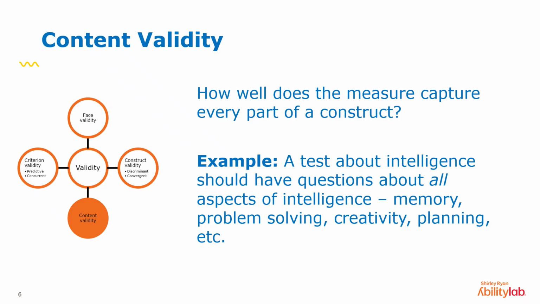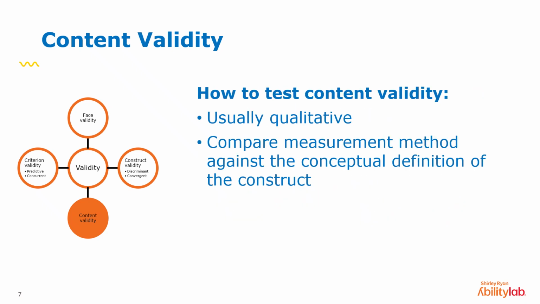Because it captures multiple domains that make up the broader construct of intelligence, it demonstrates strong content validity. Like face validity, content validity is most often assessed using qualitative subjective comparison. Researchers assess content validity by comparing the method of measurement against the conceptual definition of the construct.